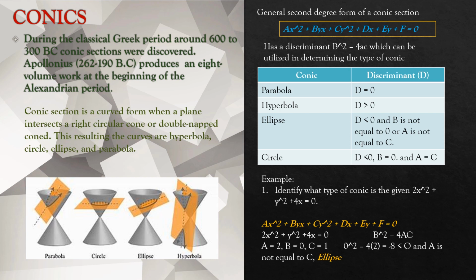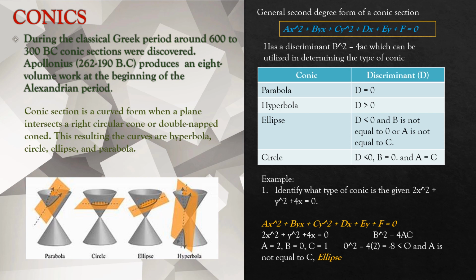Say for example, identify what type of conic is given by 2x squared plus y squared plus 4x is equal to 0. First, we determine the values of a, b, and c based on the general second degree form.